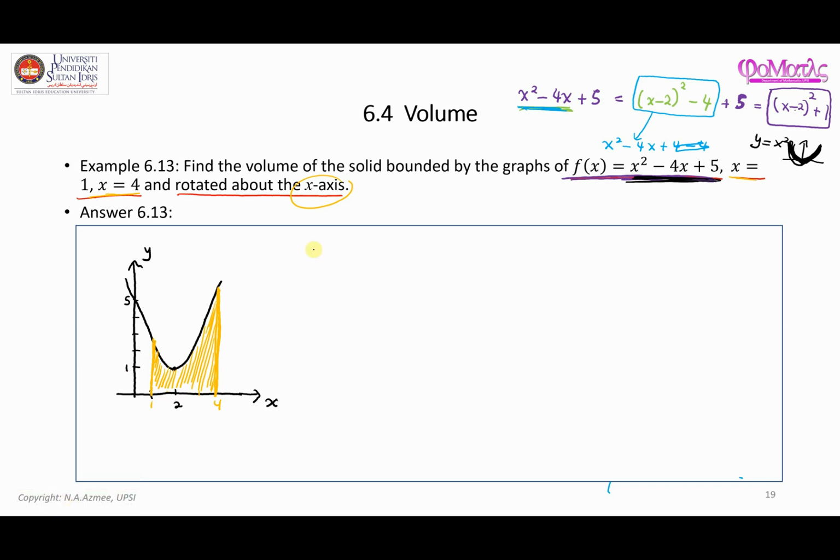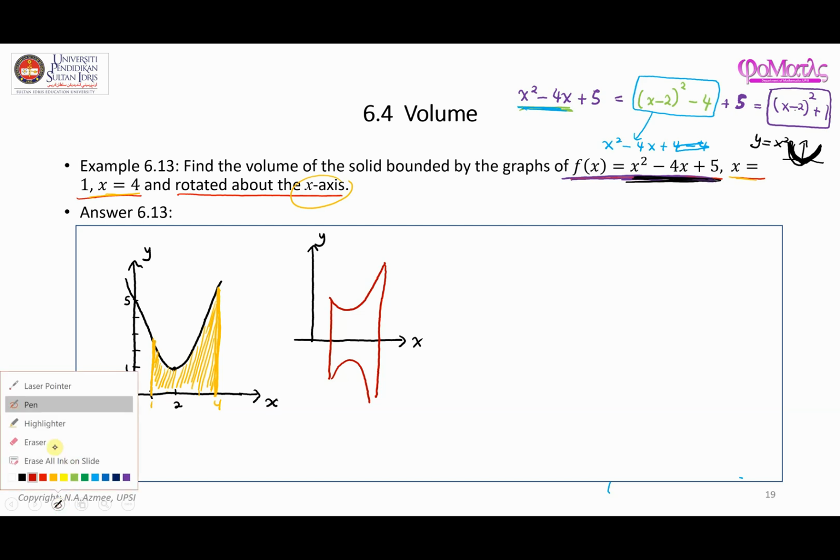So if I sketch the region here and rotate it about the x-axis, this is x, this is y, and the solid is going to be looking like this. Okay, something like this.